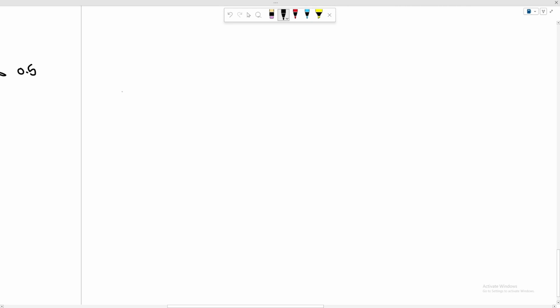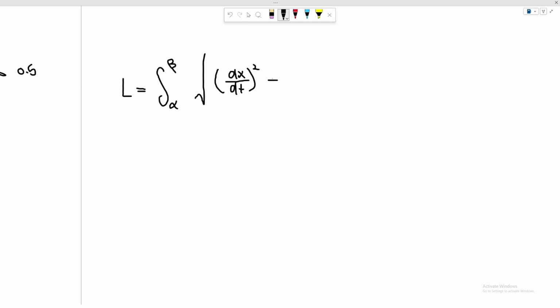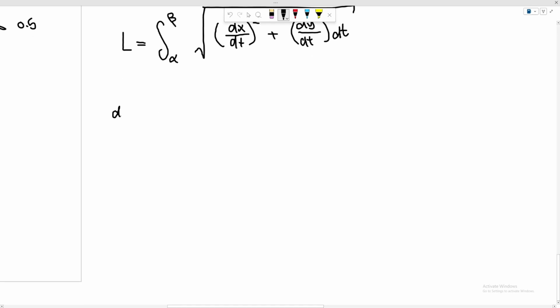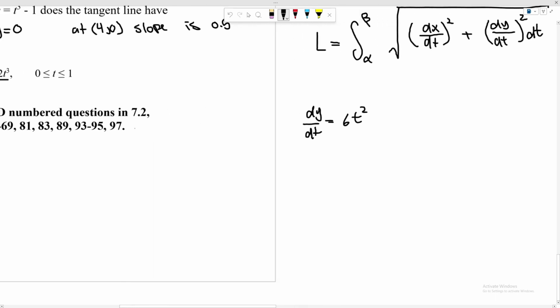And so the formula for that is L equals the integral from alpha to beta of the square root of your dx over dt squared plus your dy over dt squared, square root that whole thing. All right, so the first thing you want to do is find your dy over dt, and that was going to be 6t squared.